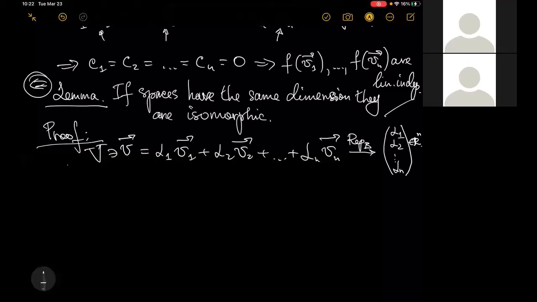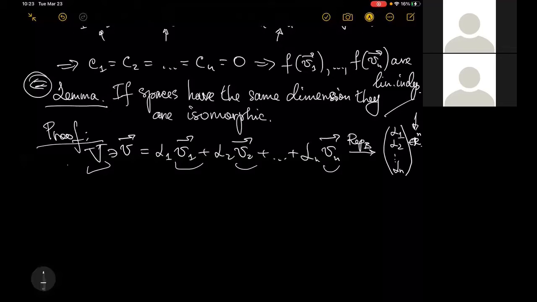But then what I have shown that, okay, so my V has these vectors as a basis, right? So it has dimension n, number of vectors in the basis n. So I have shown that it's isomorphic to Rn, right?